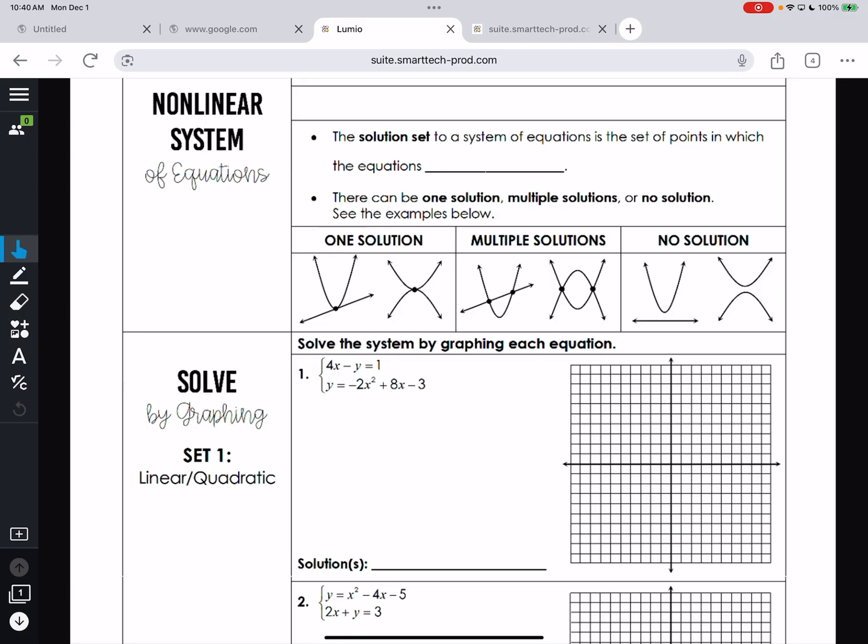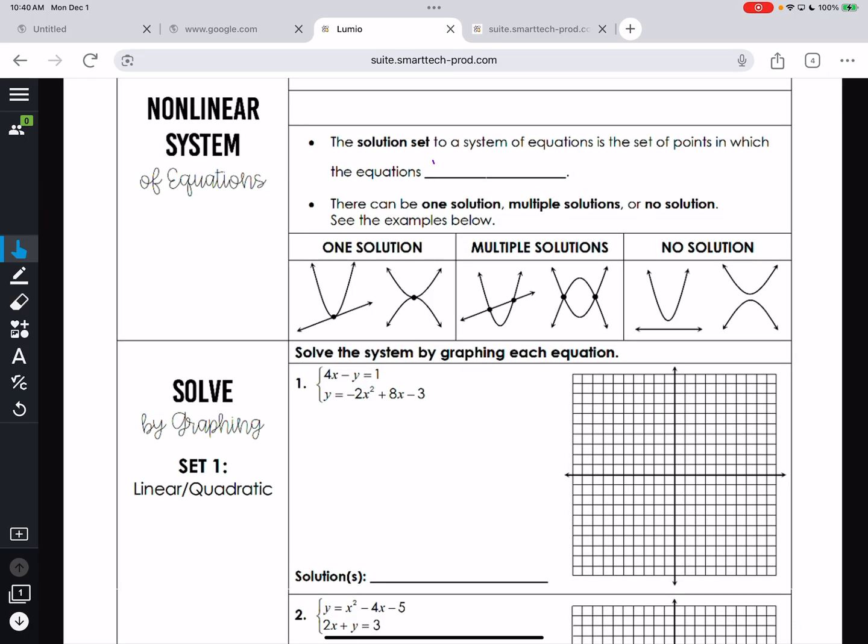We're going to look at graphing and substitution. And with this, notice you have a quadratic as well as a linear. The solution set is the set of points in which the equations intersect.